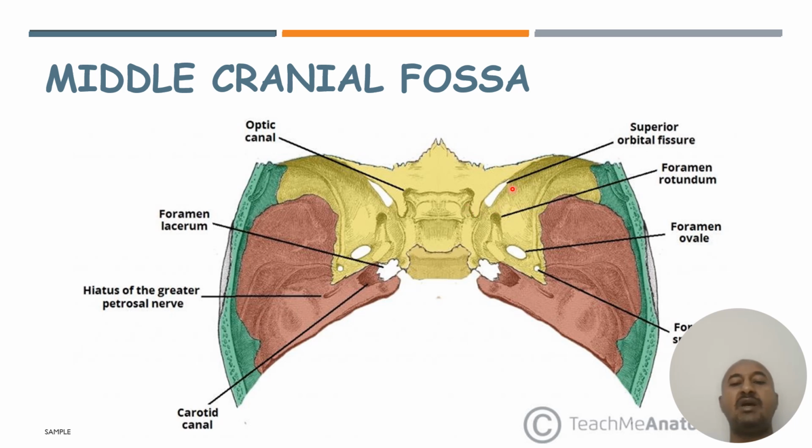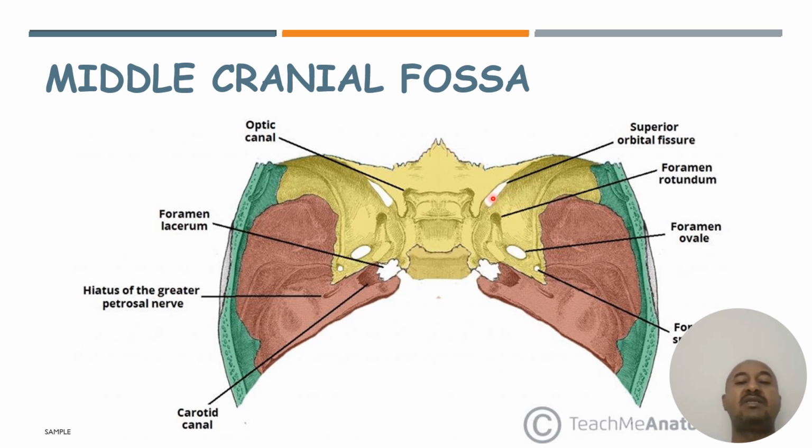Okay, more laterally, this big opening connects the middle cranial fossa with both orbits. This is called the superior orbital fissure. The superior orbital fissure allows the passage of very important cranial nerves, actually four cranial nerves. Three of them are the oculomotor nerve, the third cranial nerve, the trochlear, the fourth, and the abducent, the sixth cranial nerve.